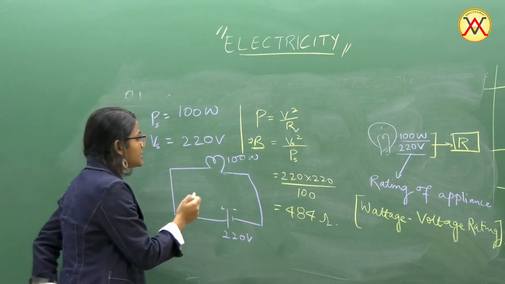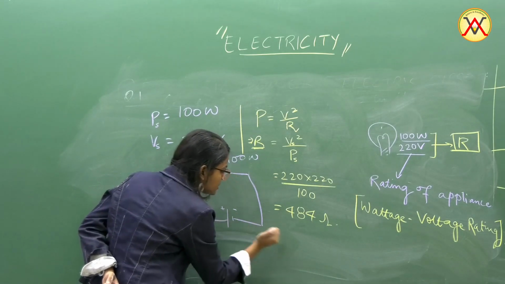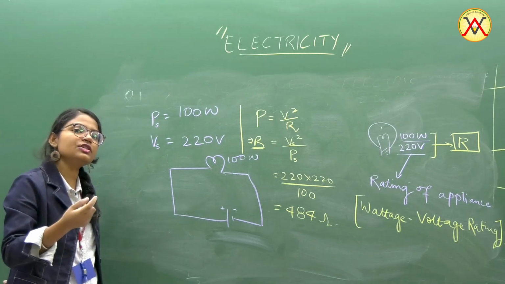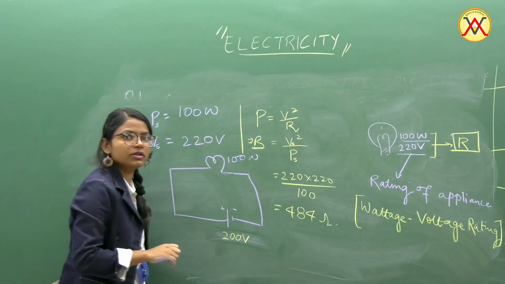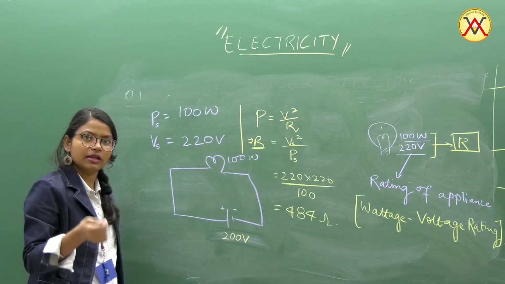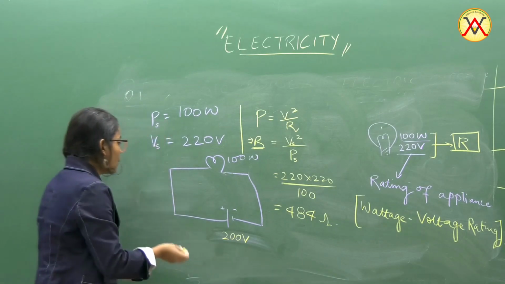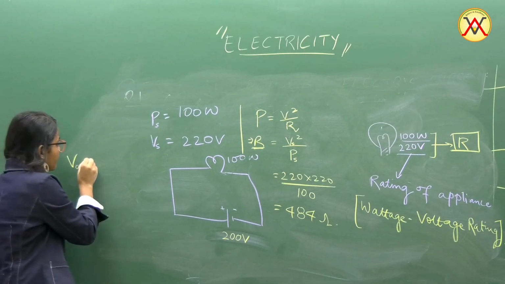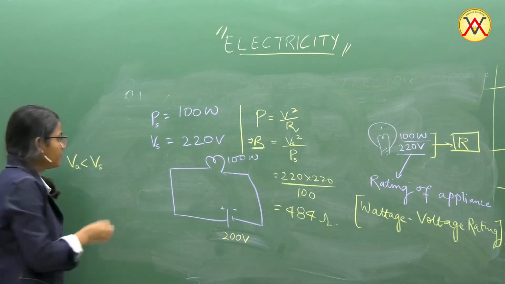Now, how are we going to use this resistance in our questions? Because in our questions, they won't be giving us only 220 volts. They shall be giving us either 200 volts or 250 volts. Let's first take the case of 200 volts, when the applied voltage in the question is less than our specified voltage.